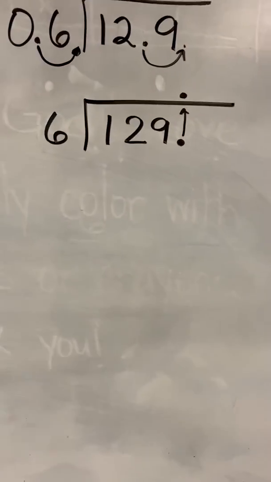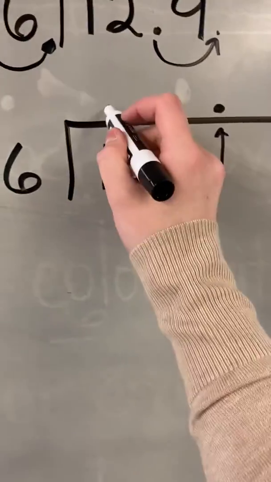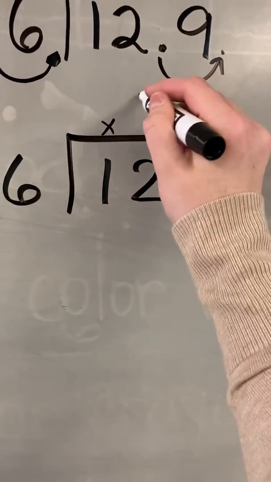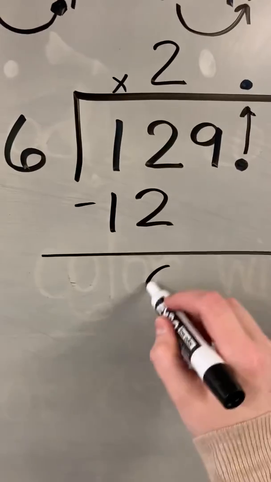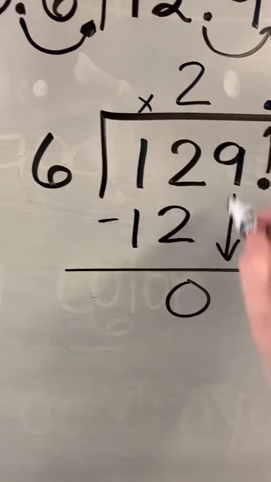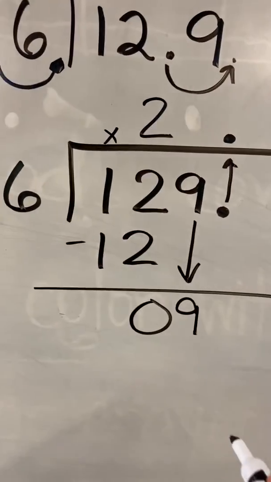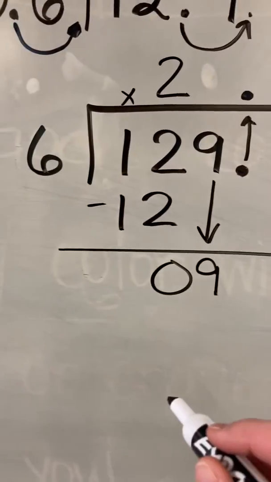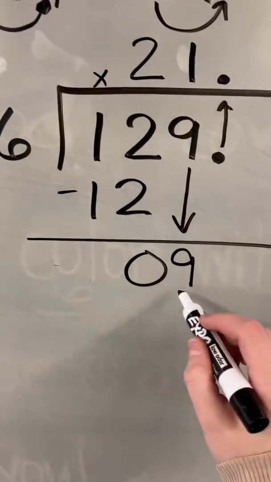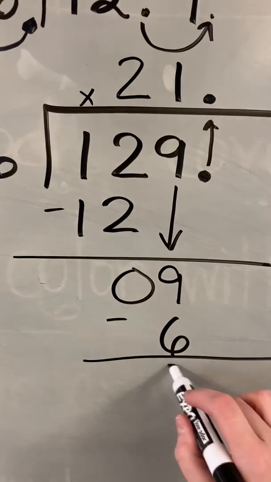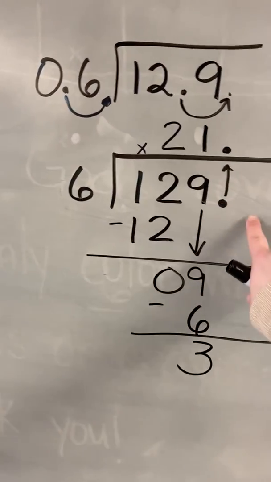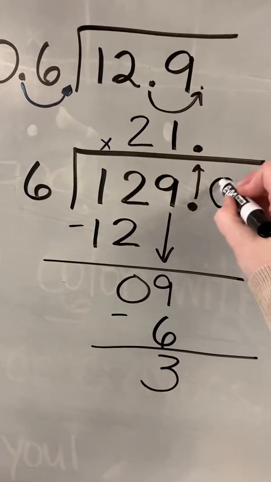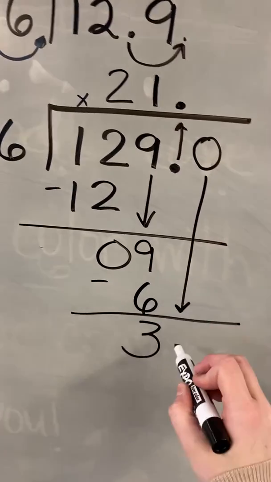Okay, then you just start dividing. So 6 doesn't go into 1, but 6 goes into 12, 2 times, very nice. I subtract, and I'm left with 0. Now I need to bring down my 9. 6 can only go into 9 once. 1 times 6 is 6. I subtract, I'm left with 3. So you see how I still need my decimal because now I have to add a 0 because I can't have a remainder.